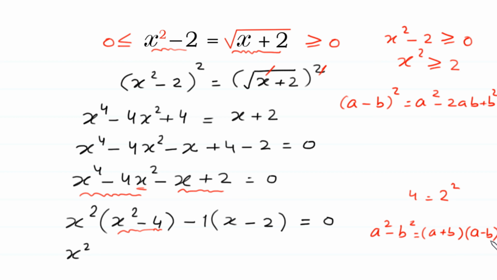According to this identity, x² - 4 is equal to (x + 2) times (x - 2). So we have x² times (x + 2)(x - 2), minus 1 times (x - 2) is equal to 0.